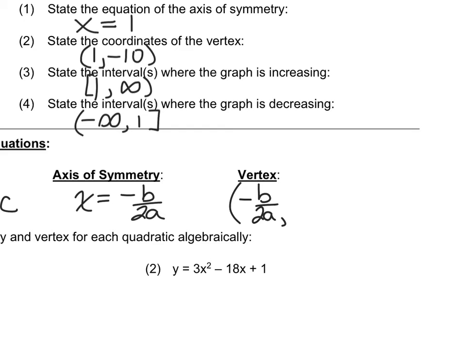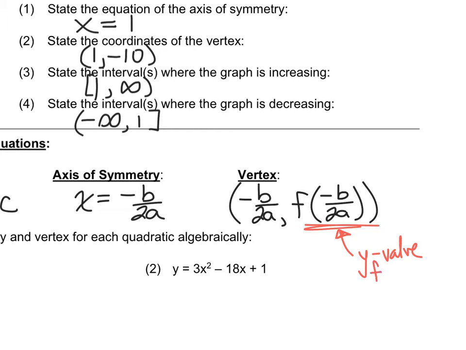So we would write this as f of negative b over 2a. In terms of notation, it's really kind of funky looking. When you look at the coordinates for the vertex, it looks like a foreign language. You're really just looking at the y value for your axis of symmetry, your A of S.